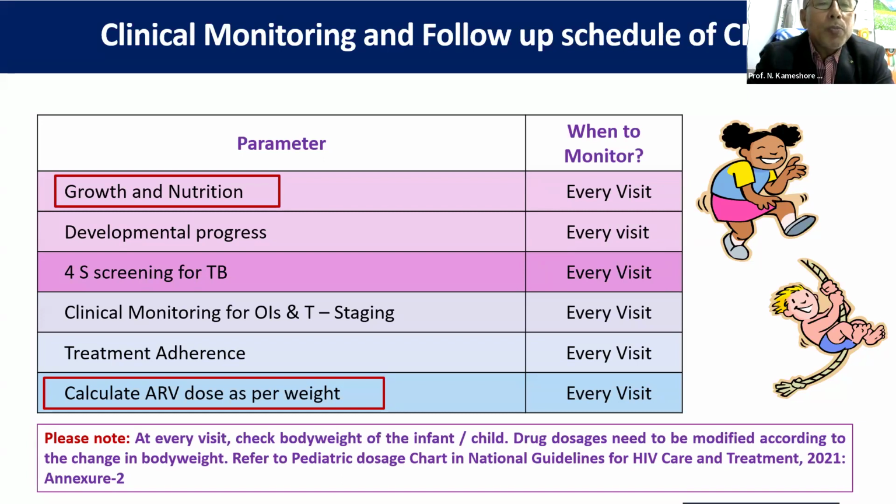And we always monitor the child for any OI, and the treatment staging is to be monitored in every visit. In every visit, we have to assess treatment adherence, and very importantly, in every visit, weight is to be taken and the ARV dose to be adjusted according to the weight of the child. Next.